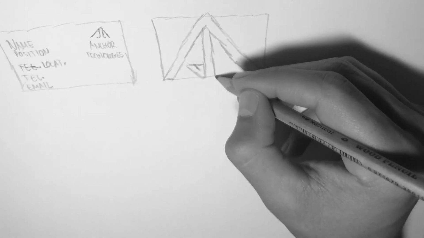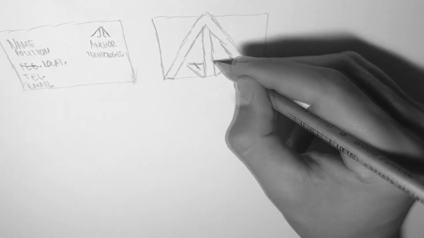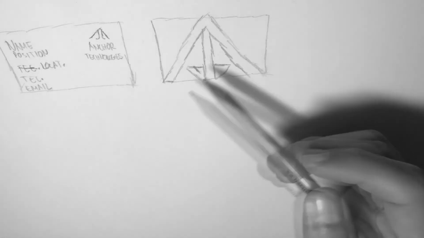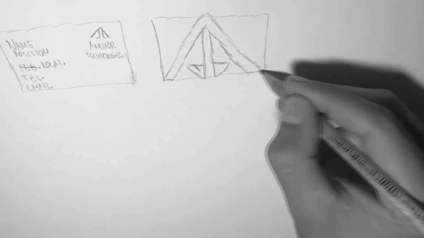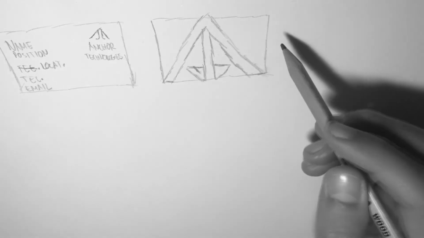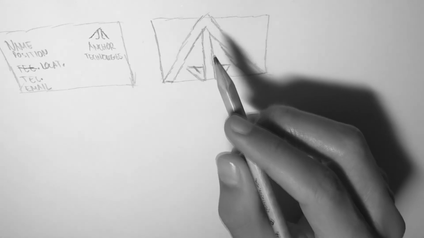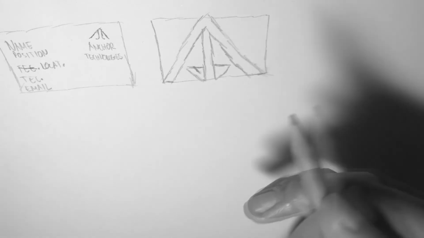Do it like this. So the whole anchor is on the whole business card. To make it more interesting, we use the shape. That might work. And what else can we try?